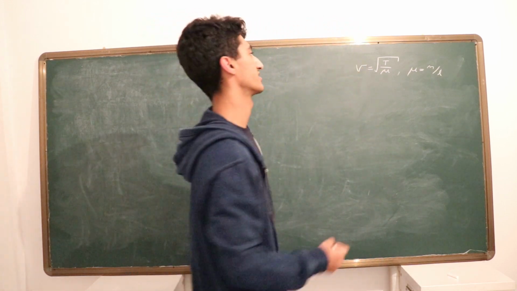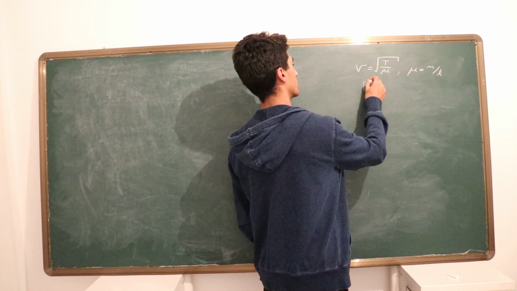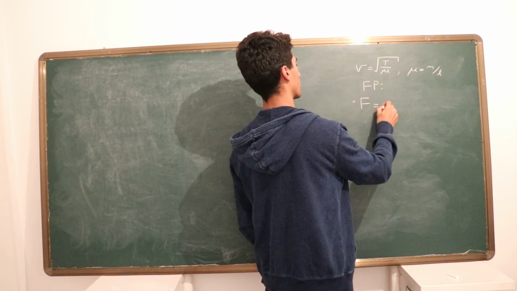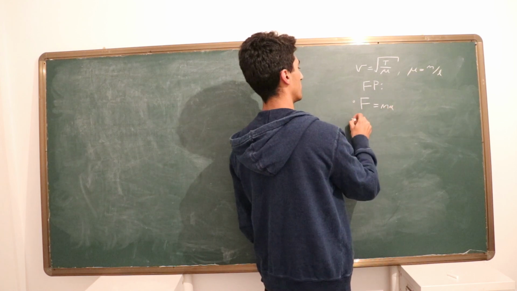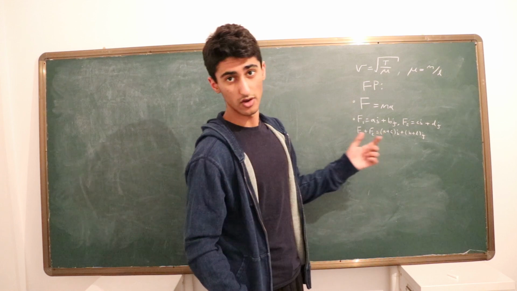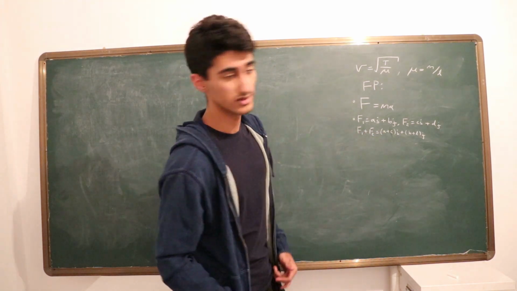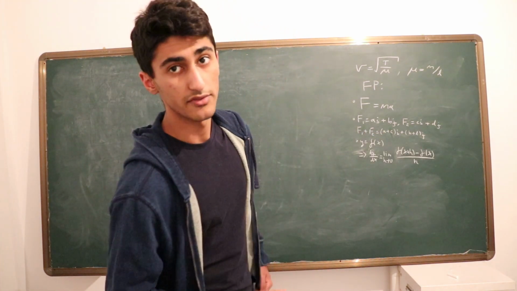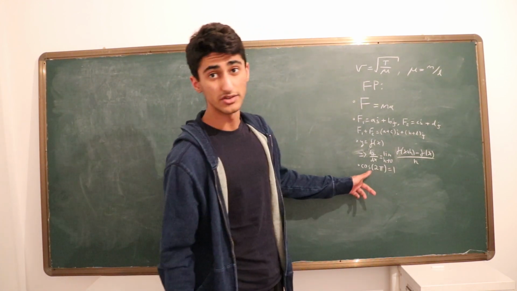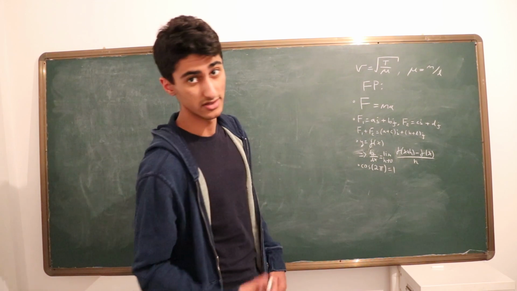Now to derive this, you need to accept the following: F equals ma. It's also the fact that when you add two vectors, what you're really doing is adding the horizontal and vertical components. We also have the definition of the derivative. You need to understand how gradients work and how cosine of 2 pi is equal to 1.